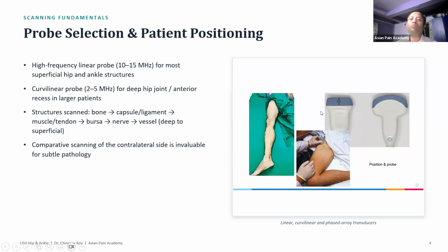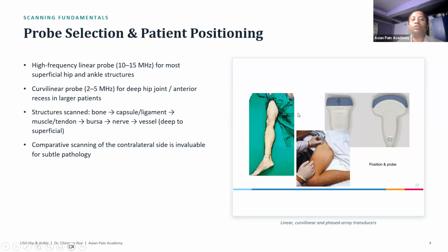But if it is a superficial nerve we are seeing, say for meralgia paresthetica, or the genitofemoral nerve, then we will use the linear probe. On the medial side and lateral side a linear probe is sufficient, but not on the posterior side and not for the anterior joint recess. In those two areas we need the curvilinear probe, because it is deep.